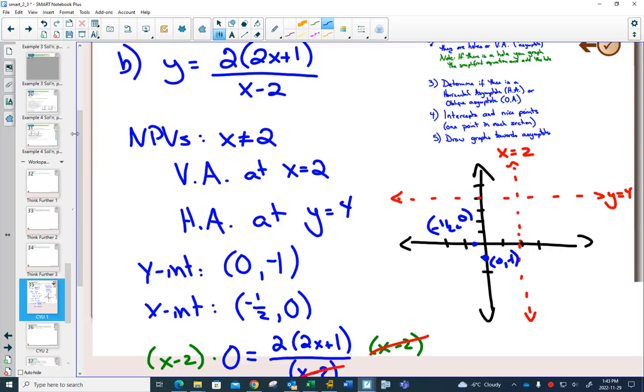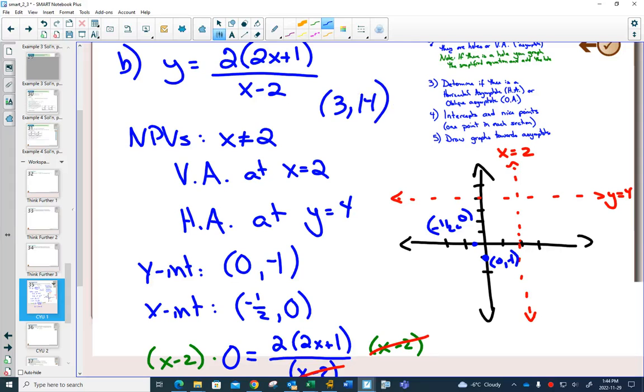So as far as a nice point goes, what's a value bigger than 2? Maybe I try 3. What would happen if I plug in 3 for x? Can you do that mental math? 14 divided by 1? Yep. 3 comma 14.